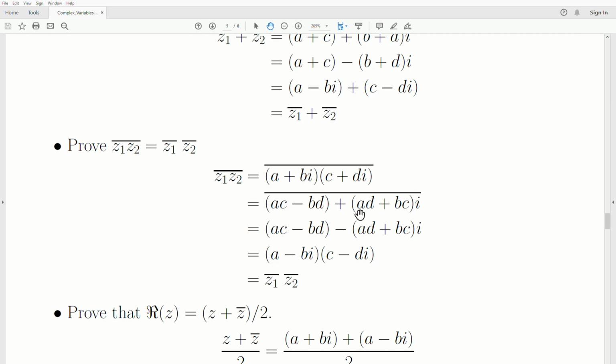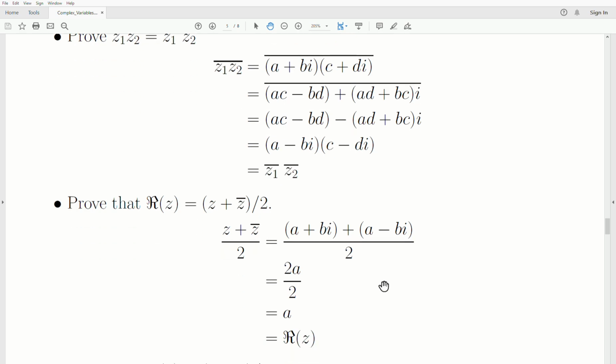Now, to take the conjugate, we change the sign. So this is the conjugate. And then this, we can factor it. With a little bit of work, you can show that it's this product of two complex numbers. Well, this is the complex conjugate of z1, and this is the complex conjugate of z2. So this is what we wanted to show.